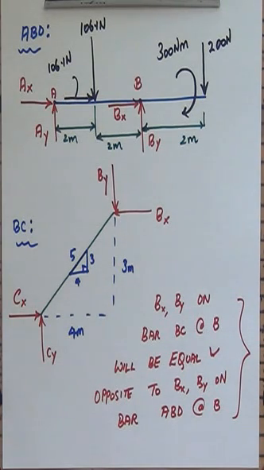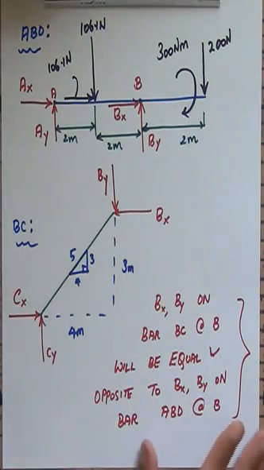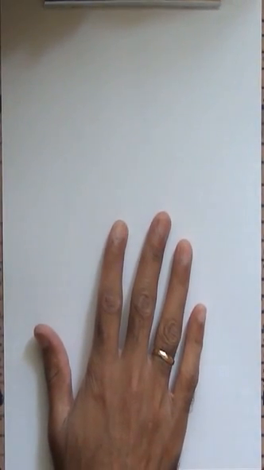Now I'm going to look at the free body diagram of the bar BC only. So I'm going to redraw the free body diagram, and then we will dissect this, and we will see what happens once we do that. There will be some useful information that we can perhaps obtain. Alright, so look at the bar BC.